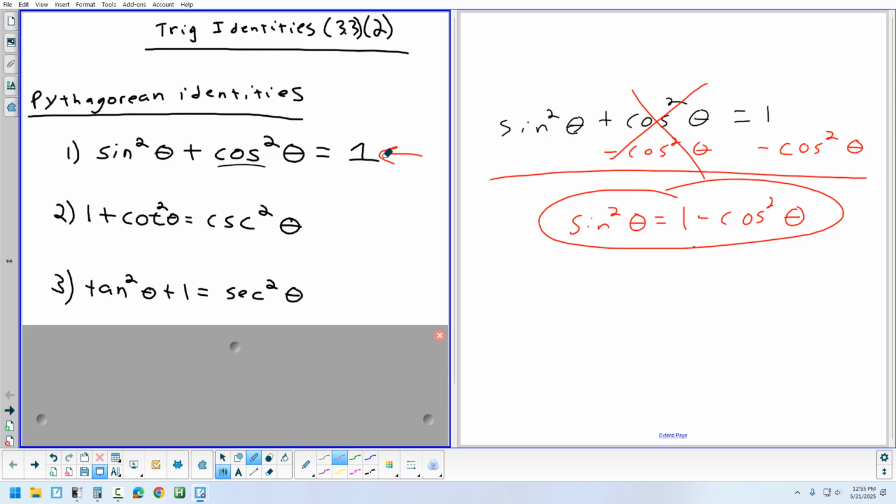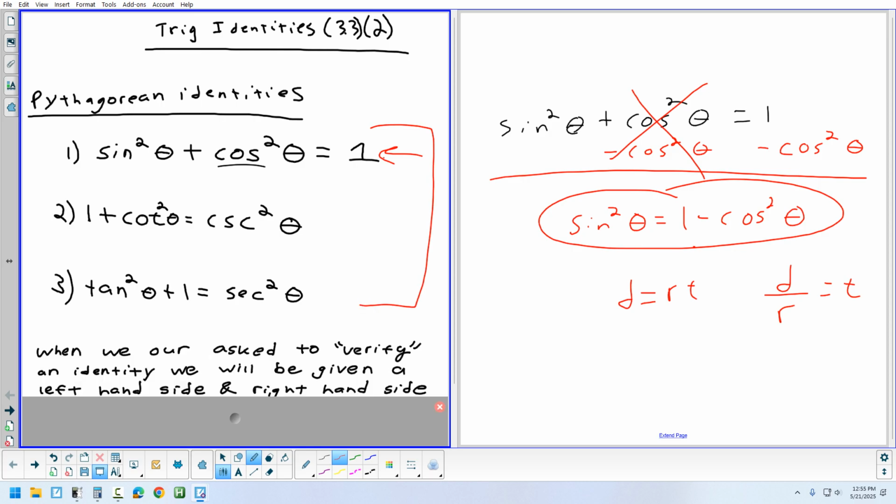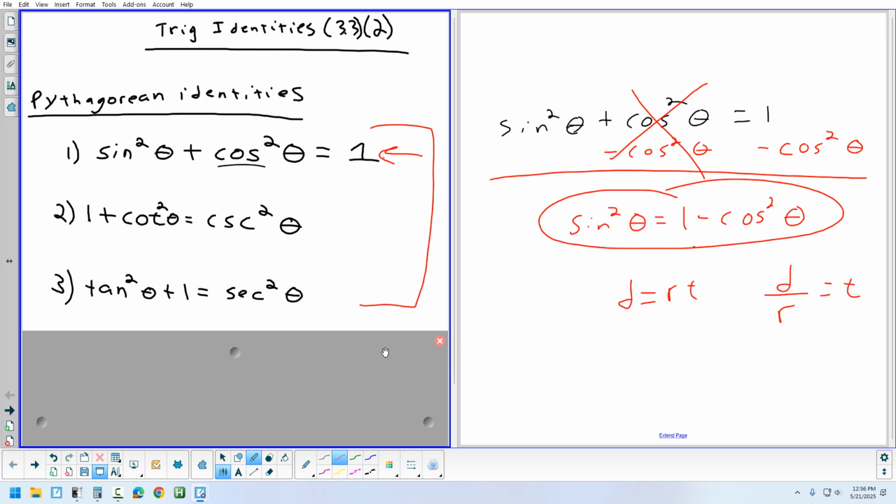It's the same idea like if you use this formula, distance equals rate times time. Well, you could say distance divided by rate equals time. That's the same formula. You just moved something to the other side. All right. Any questions on these three? Those are the new ones today.